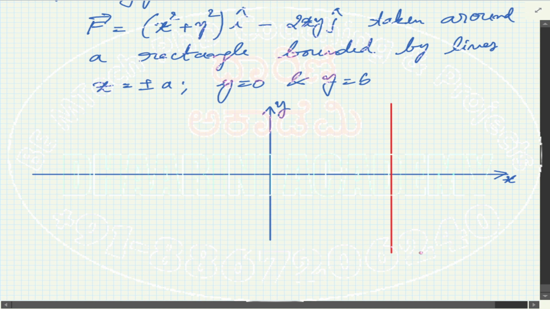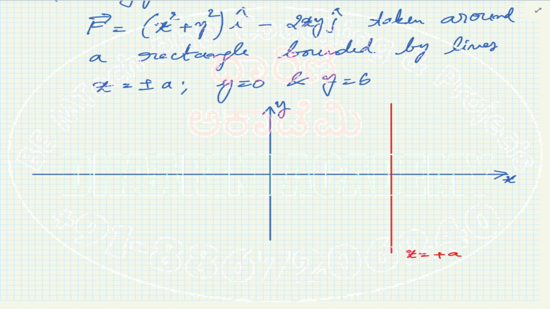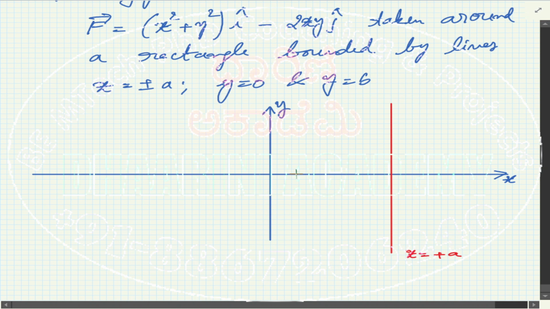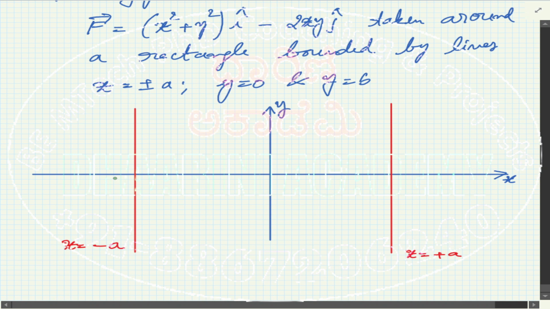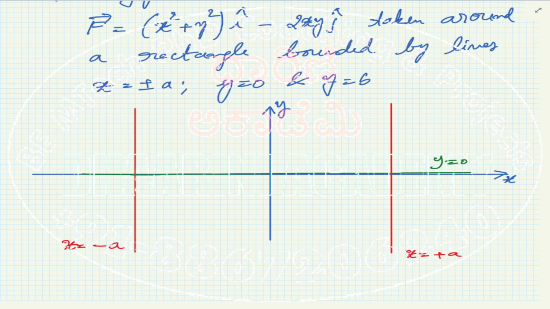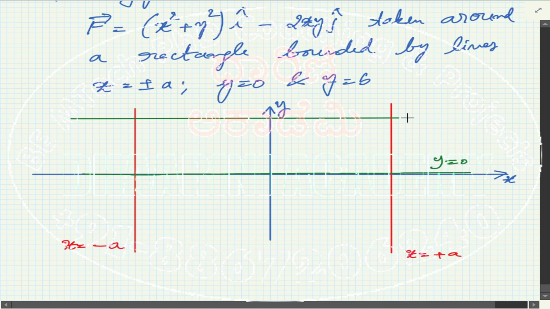Similar to that, there is another line, x equal to minus a, say maybe here. Because this point has coordinate minus a, and y equal to 0 and y equal to b are the other lines. So y equal to 0 is the x-axis itself. This is the line I'm drawing here, and I need another line, y equal to b, somewhere here.